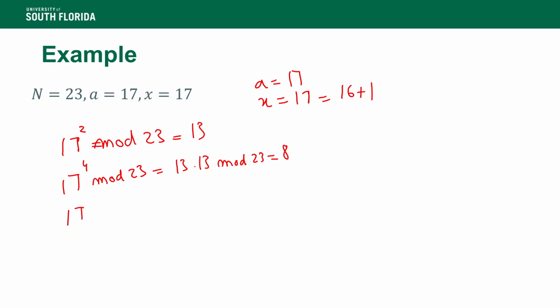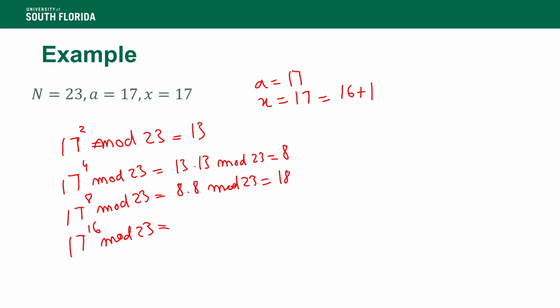Now 17 to the 8 mod 23 is equal to 8 times 8 mod 23, and that is equal to 18. And finally 17 to the 16, which is the last term that I need to pre-compute to perform this fast exponentiation. This is 18 times 18 mod 23, and that is equal to 2.